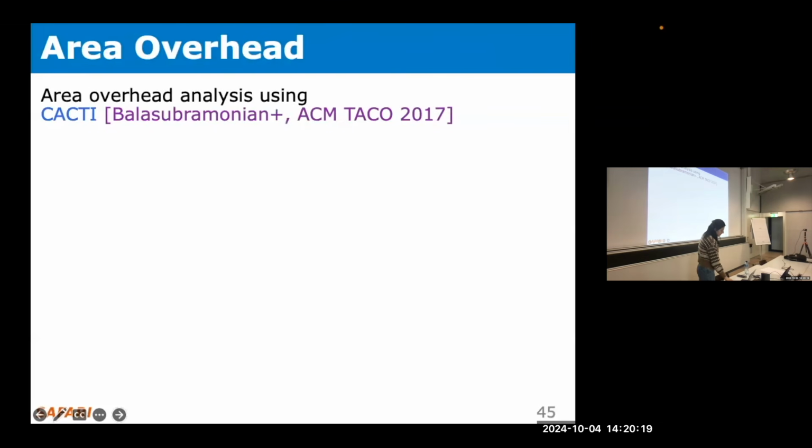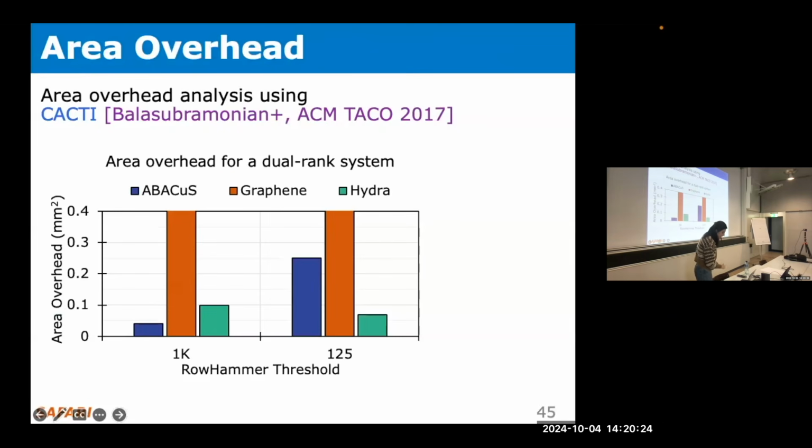Let's look at the area overhead of Abacus. And we again did this analysis using CACTI. And this is a comparison against Graphene and Hydra. And as you can see, at the RowHammer threshold of 1000, Abacus induces a significantly smaller area overhead than Graphene, and it takes up smaller area than Hydra.